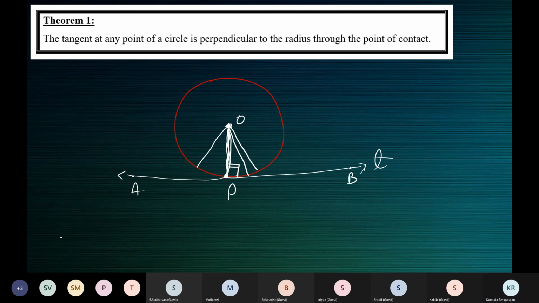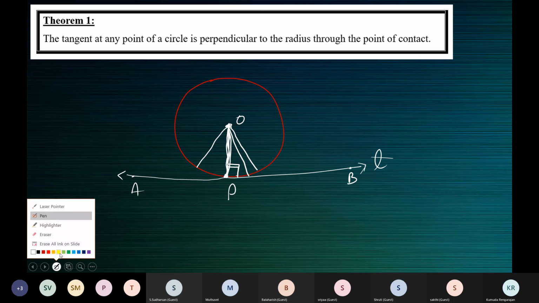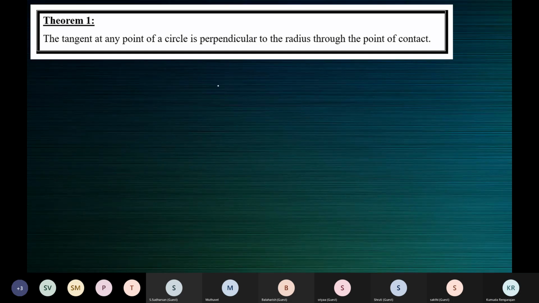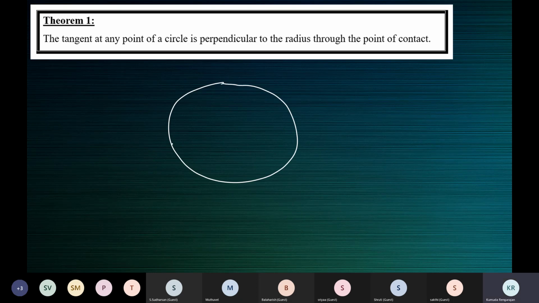See it again. Any point. Supposing we take this point A. Through this point A, we draw a tangent. The tangent at any point of a circle is perpendicular to the radius through the point of contact.